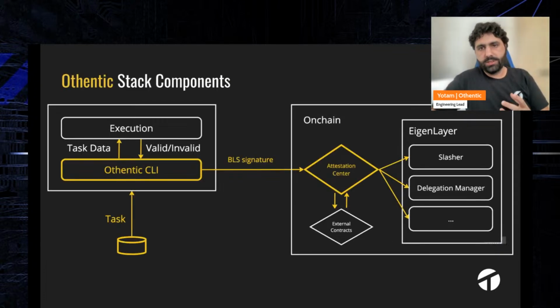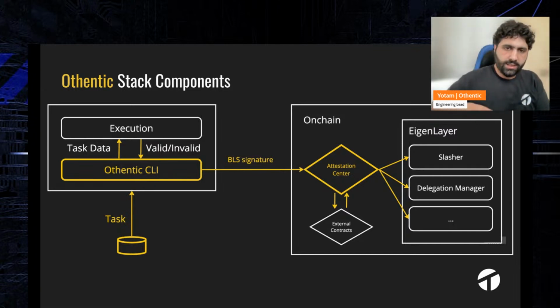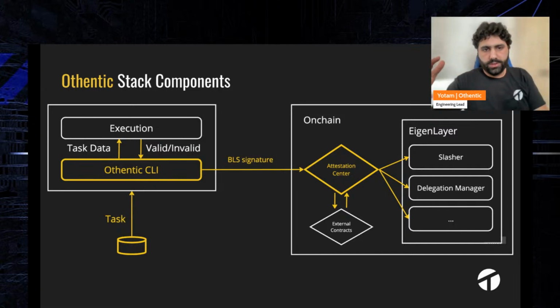Now, what does the Othentic stack give you? The Othentic stack gives you a couple of these components, and out of the box, these components can work and integrate with each other, and they also have the capability to be extended with your custom logic.